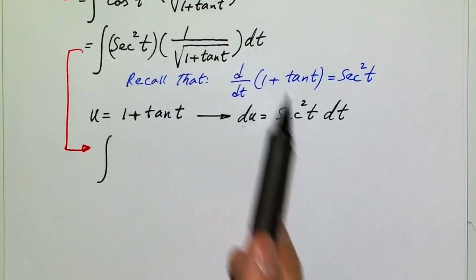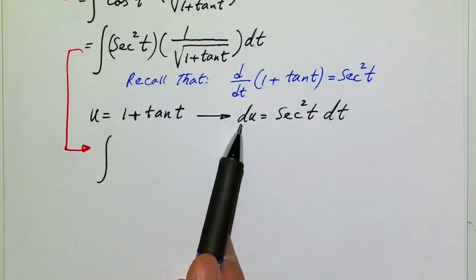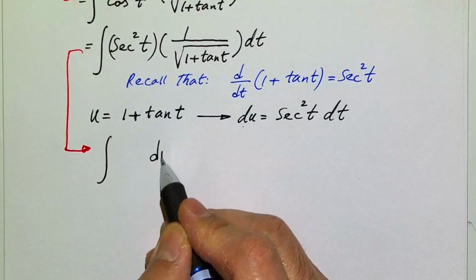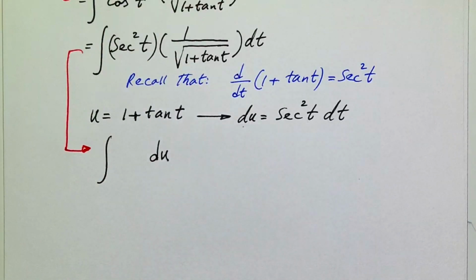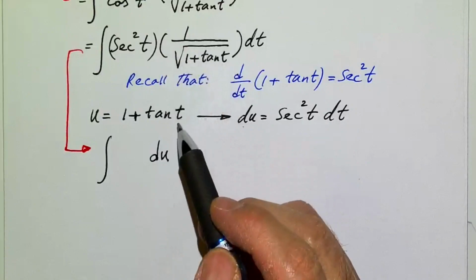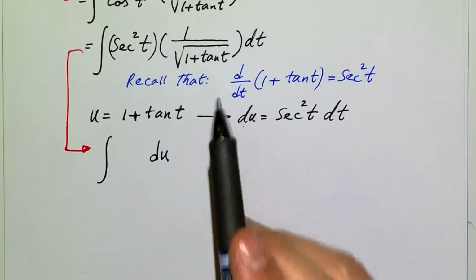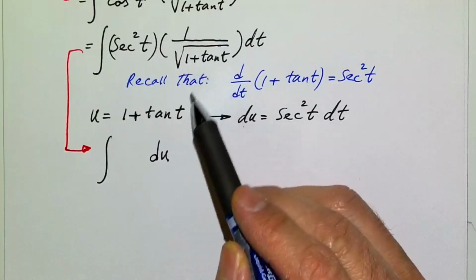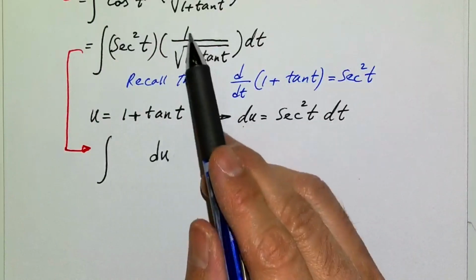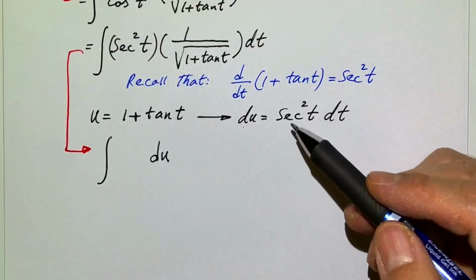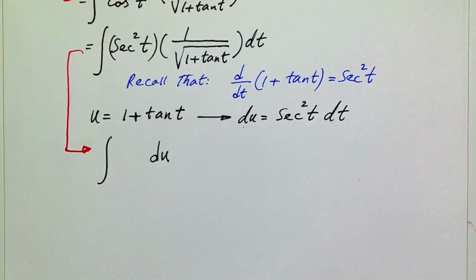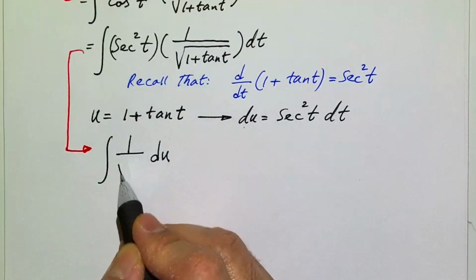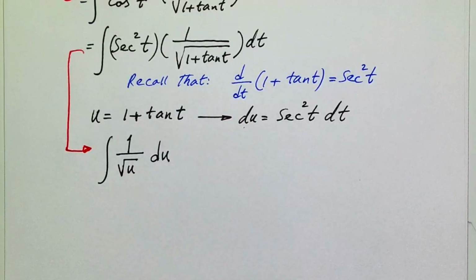This times that is just du. So I'm just going to put du here. What about this term in the middle? That's 1 over, we took this as u, right? So 1 over the square root of u. So in the middle, we have 1 over the square root of u. Okay?